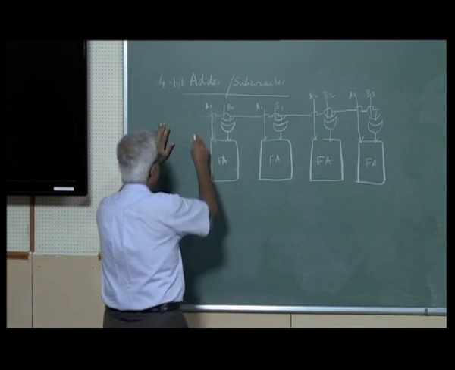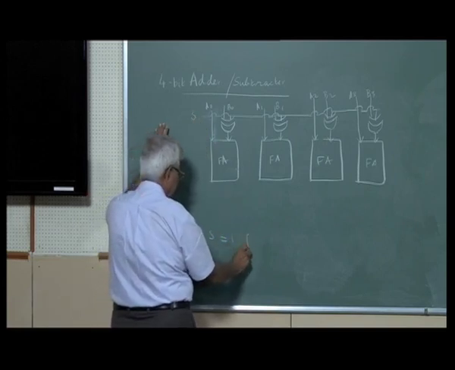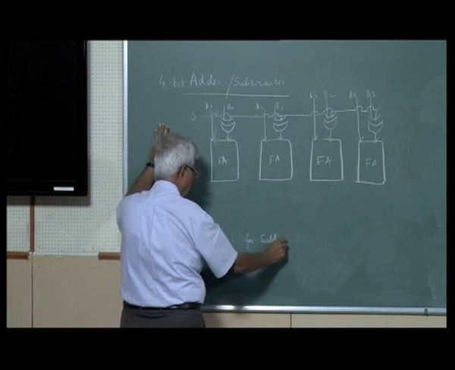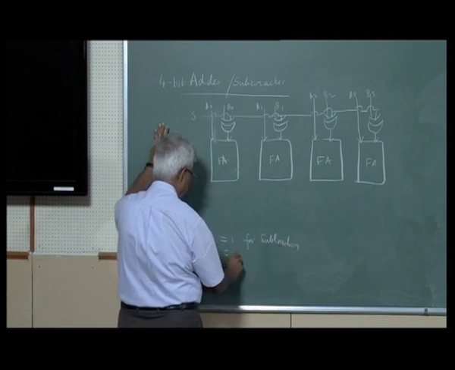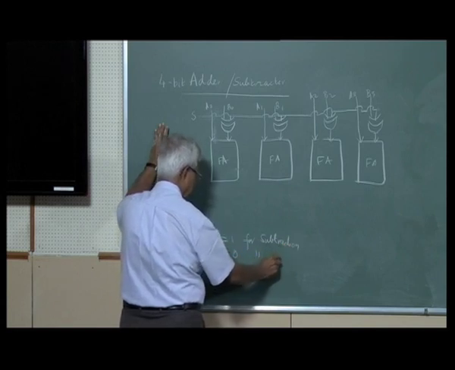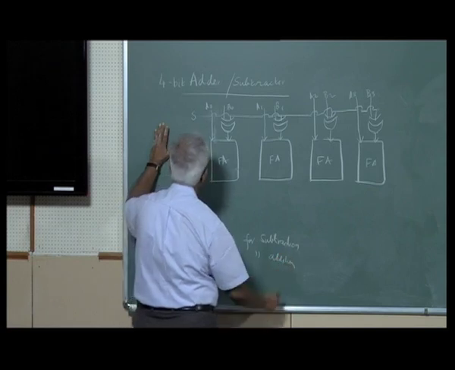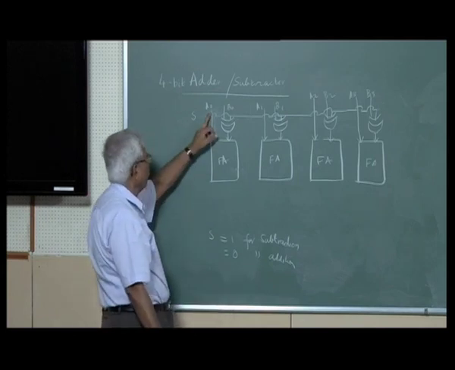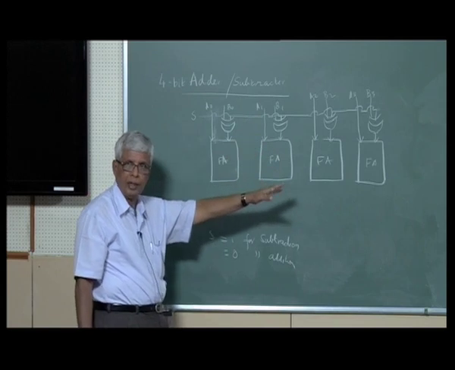I will put an S here. S is 1 for subtraction, zero for addition. Now I will explain what happens. A0, A1, A2, A3 go directly into the full adders.